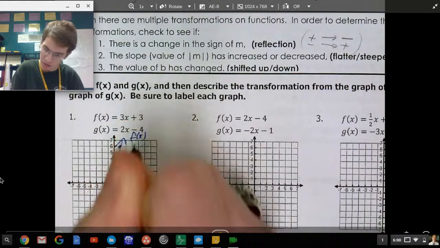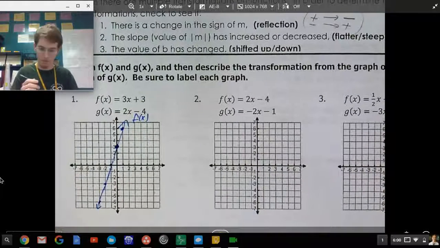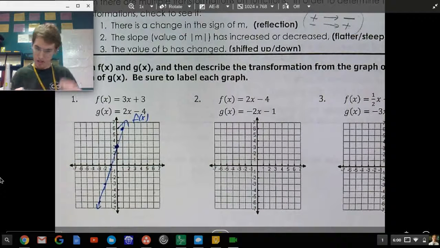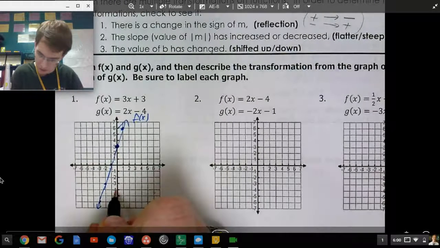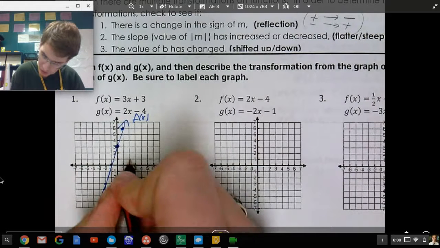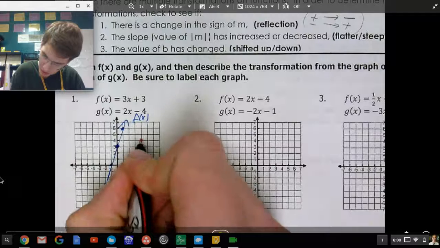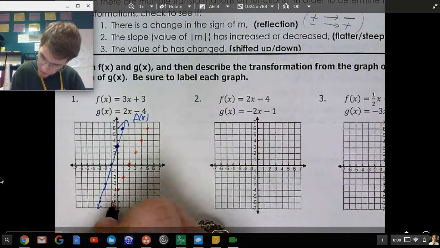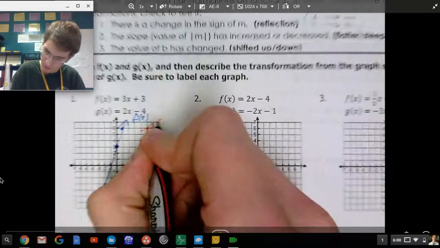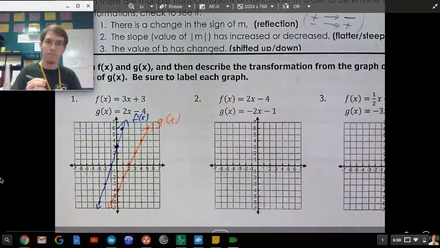So there's f of x. And then g of x, start at negative 4, slope of 2. There's g of x.